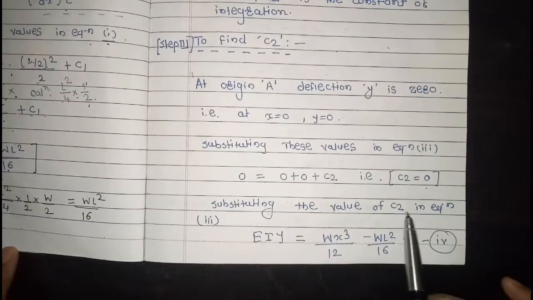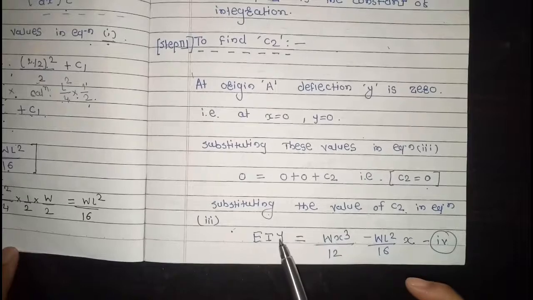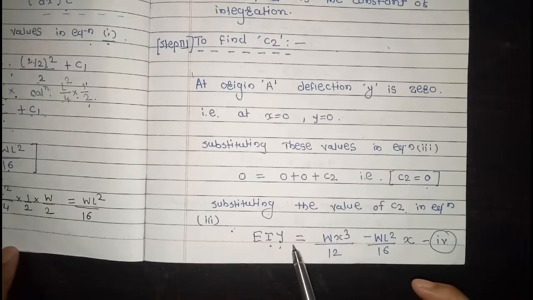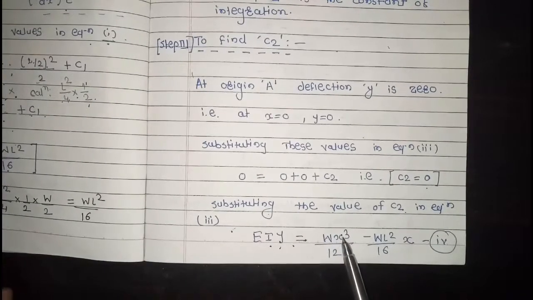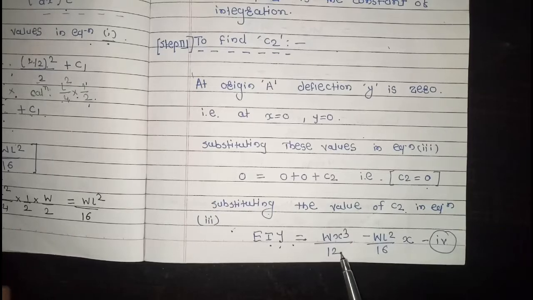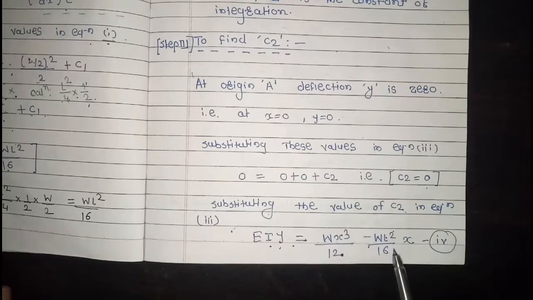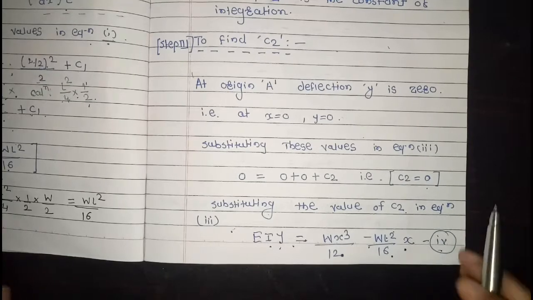Substituting the value of c2 in equation 3, we get EI into y is equal to wx cubed divided by 12 minus wL squared divided by 16 into x. This is equation number 4.